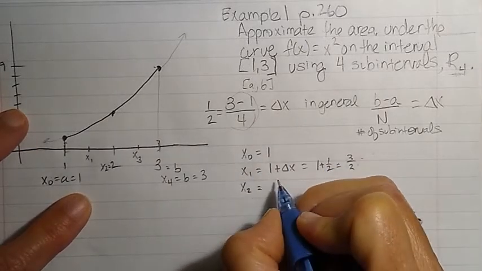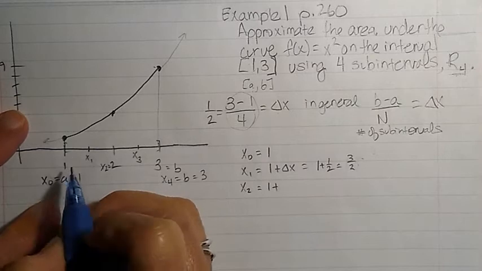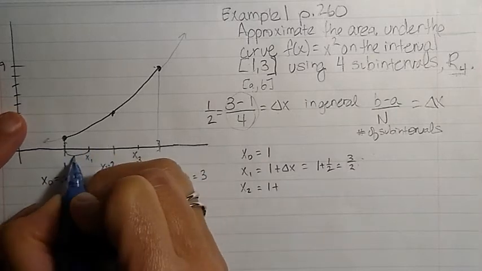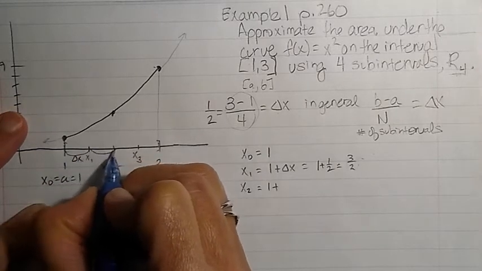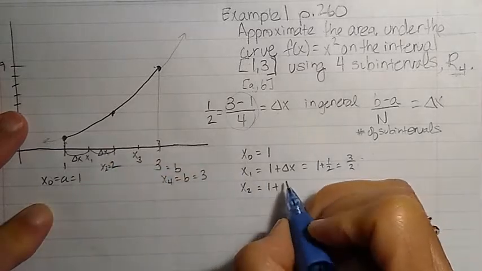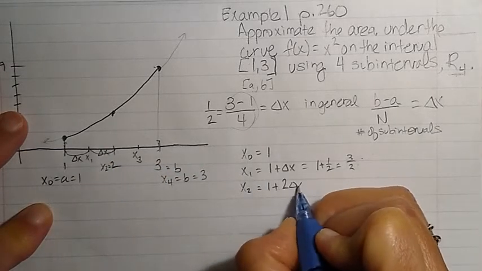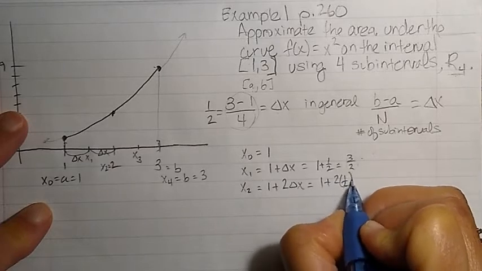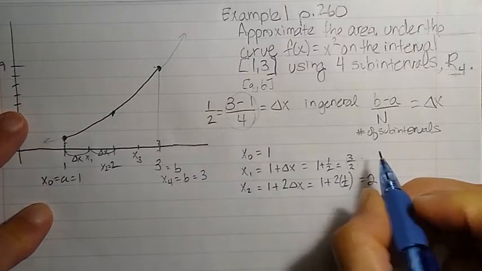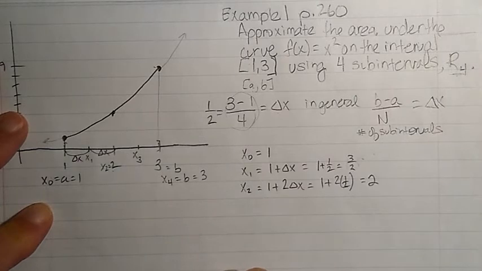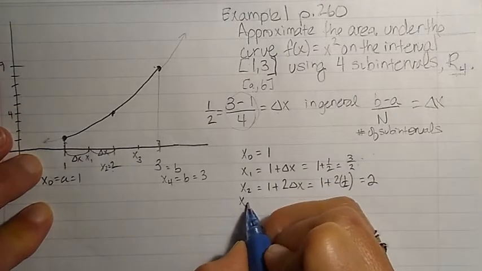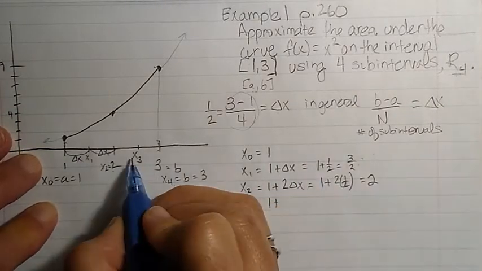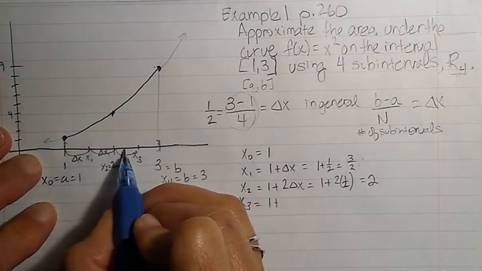x2 is going to be 1 plus a couple of delta x's. There's a delta x, there's another delta x. So 1 plus 2 times 1/2, which is 2, and we knew that already. x2 is 2. x3 is 1 plus 3 delta x's.